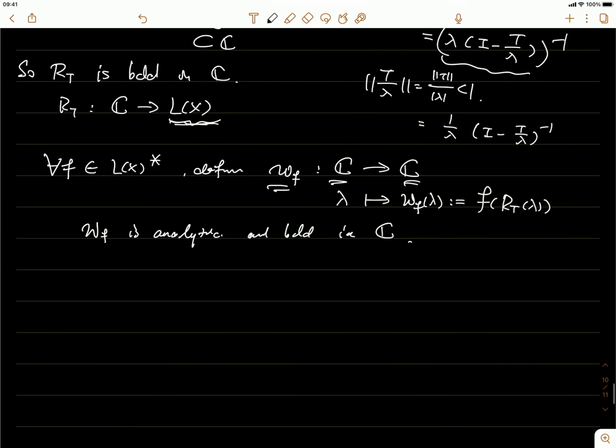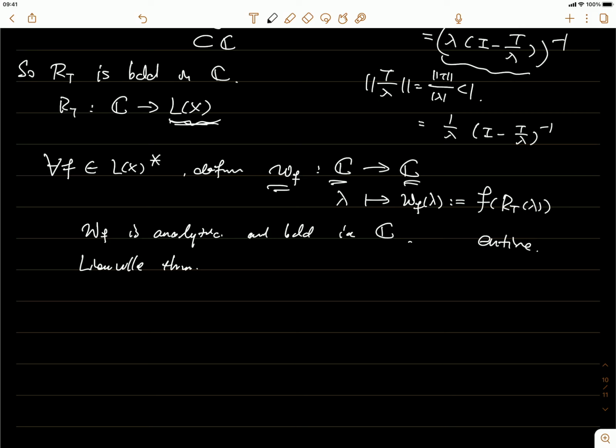And then by Liouville, again, this is some result from complex analysis. If I have a function analytic at every point in C, we call it an entire function. An entire function means that it's analytic at every point in the complex plane.